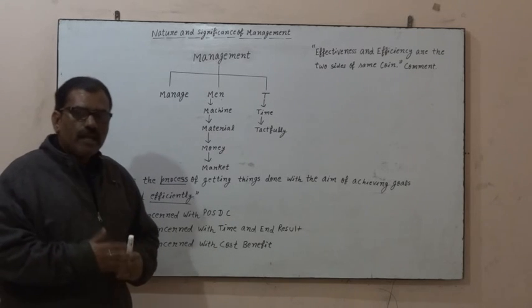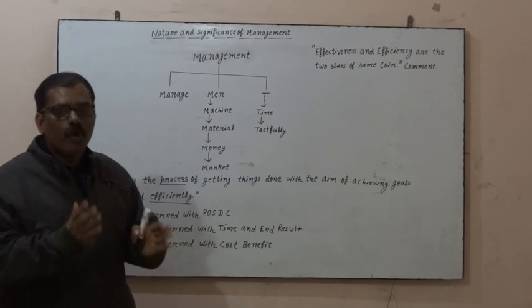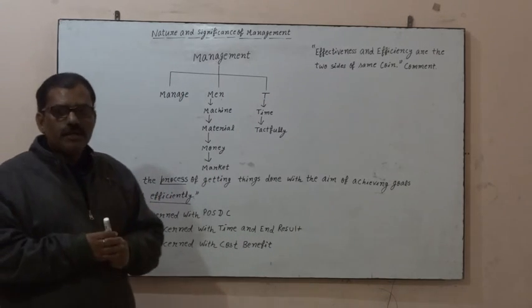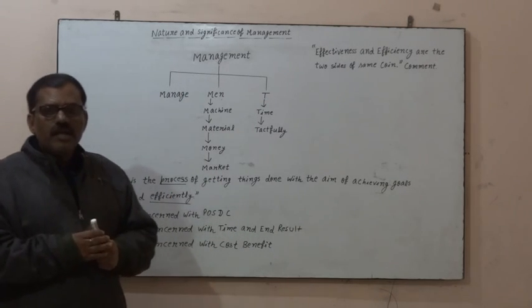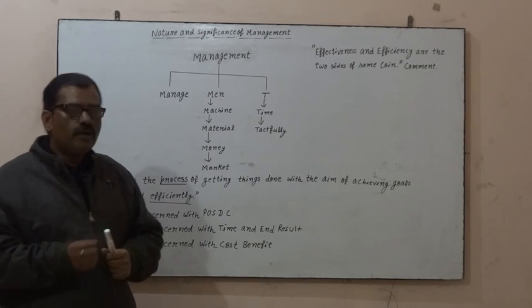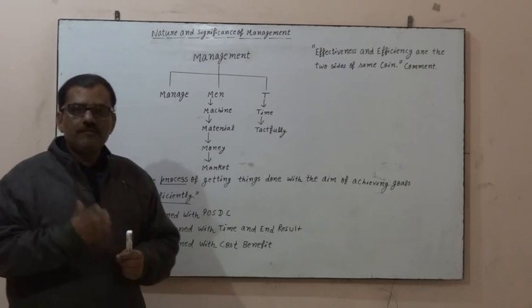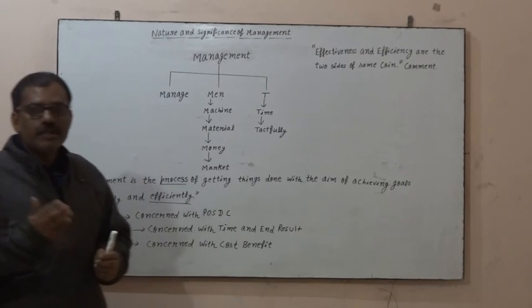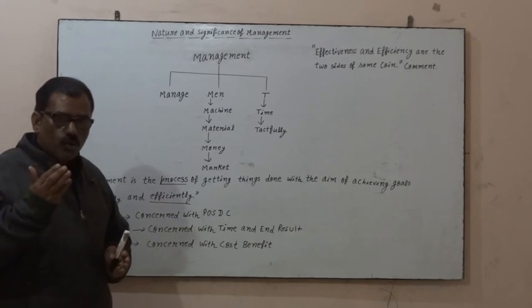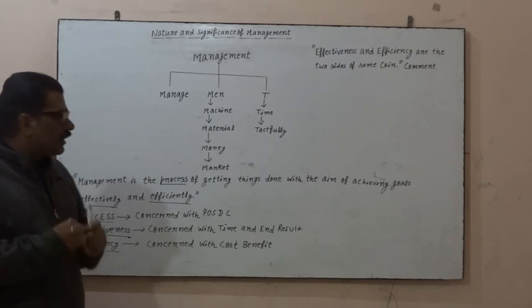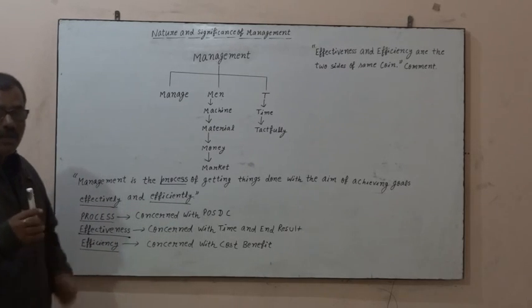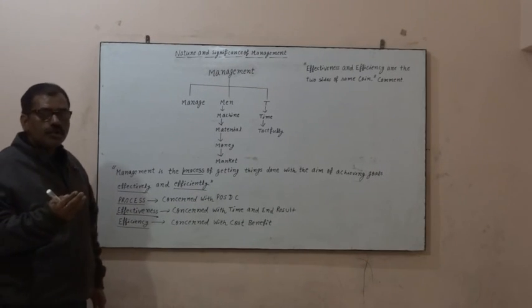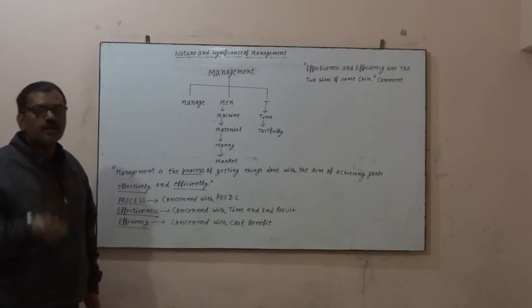Many times a manager has to face some problems. For example, in a factory, due to power failure, if a manager finds that he will not be able to achieve his target on time, then he can use generator to produce electricity. Then what will happen? If he uses generator, it means he is using extra resources, additional resources.